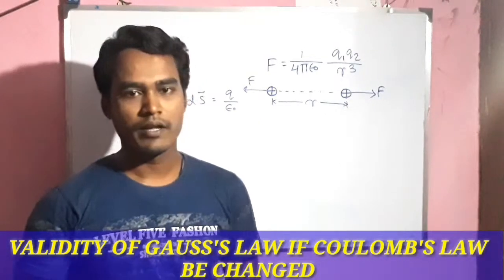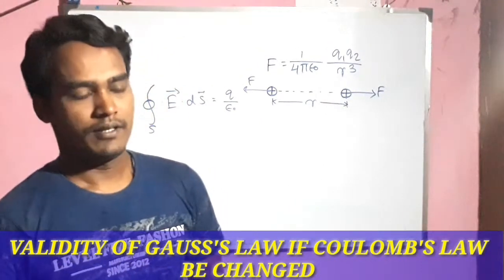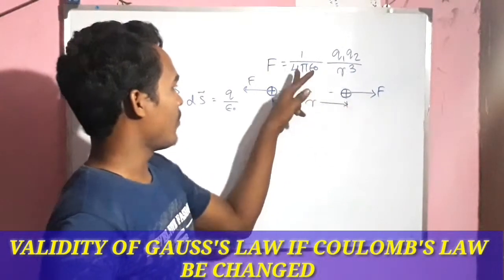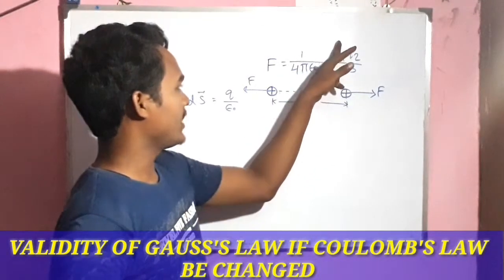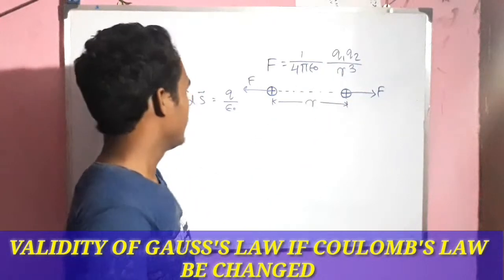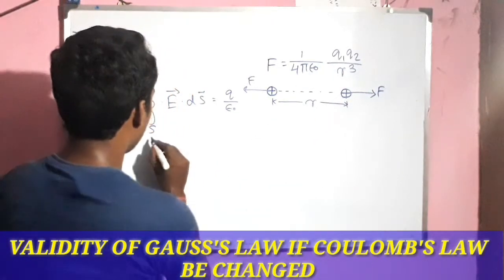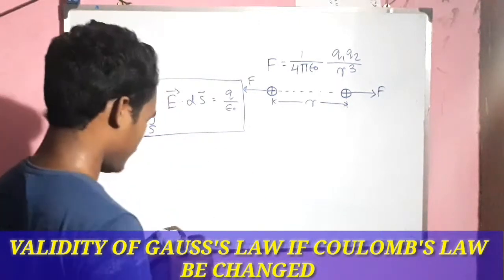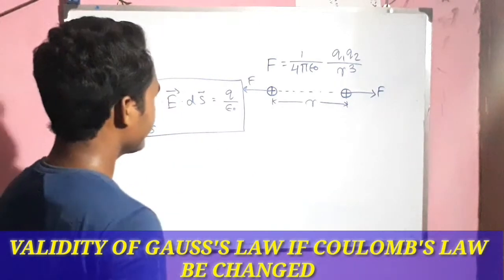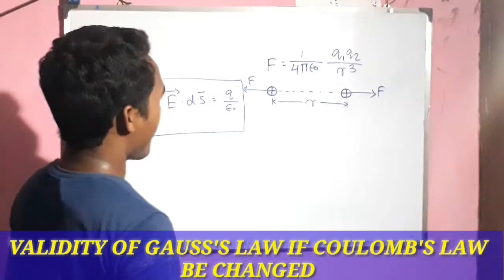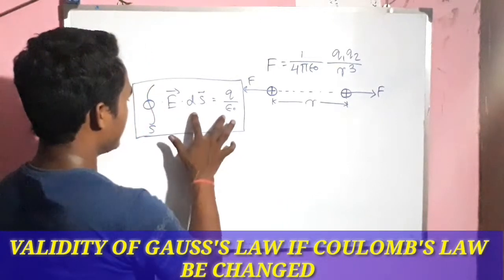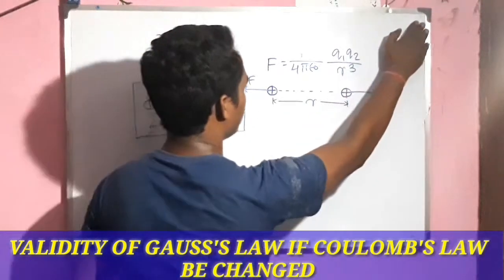Now, if Coulomb's law has the form 1 by 4 pi epsilon naught q1 q2 by r cube, then is this law valid or not? This is the question. So first I want to explain to you why Gauss's law holds good.